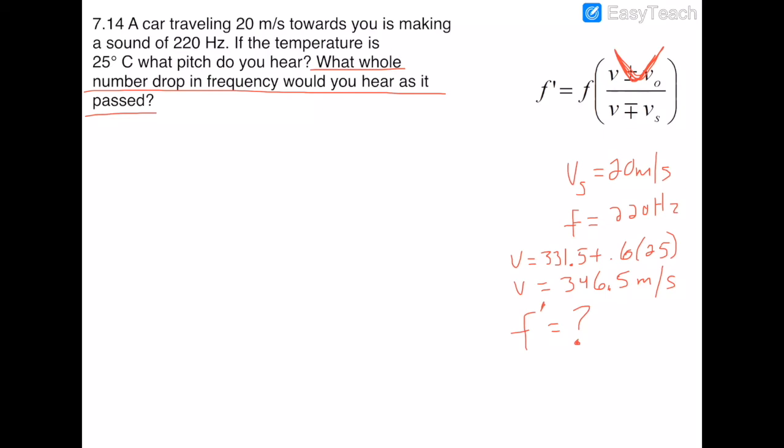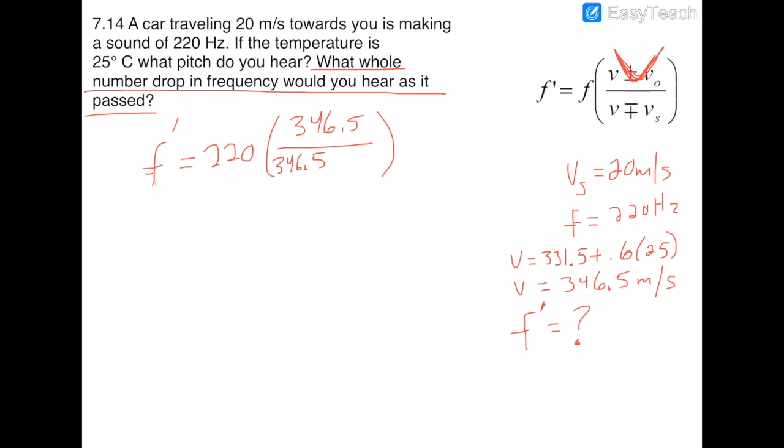Okay, so if I want to figure out coming towards me, I would do F prime equals the frequency, which was 220, times the speed of sound, which is 346.5, over the speed of sound, 346.5.